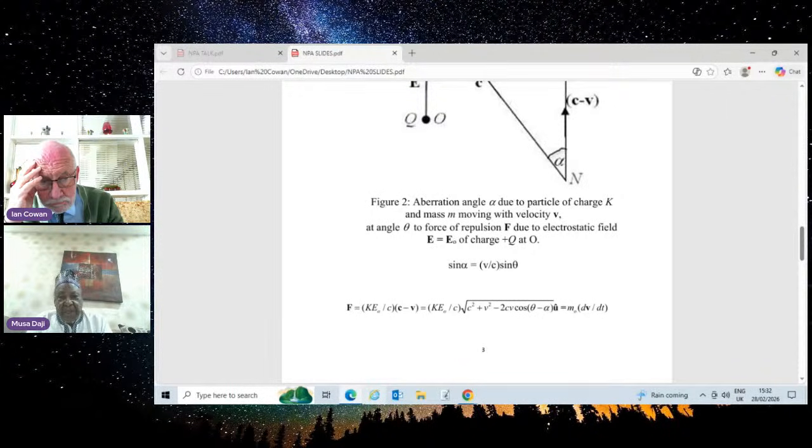And this paper is proposing that the constancy, the speed of light being a limit, is simply the result of accelerating force reducing to zero at the speed of light, rather than mass becoming infinite at the speed of light.